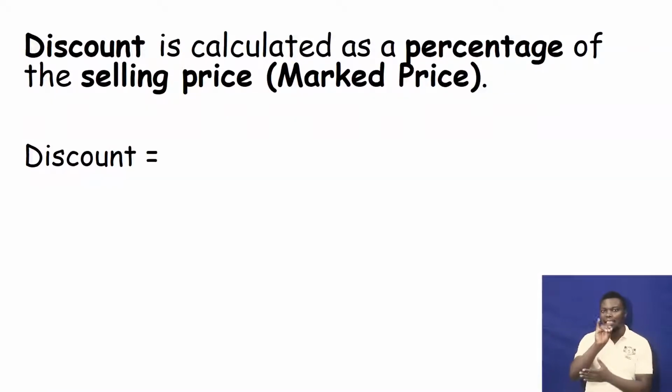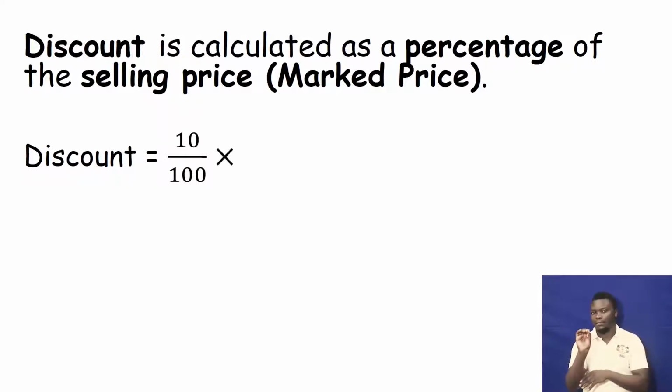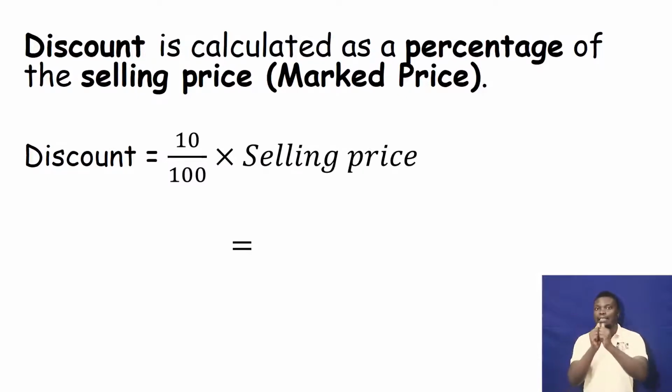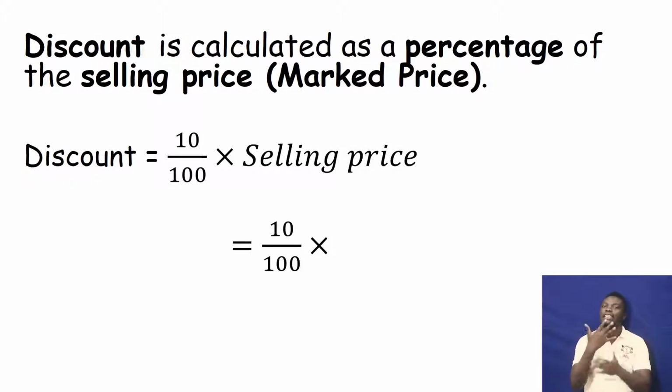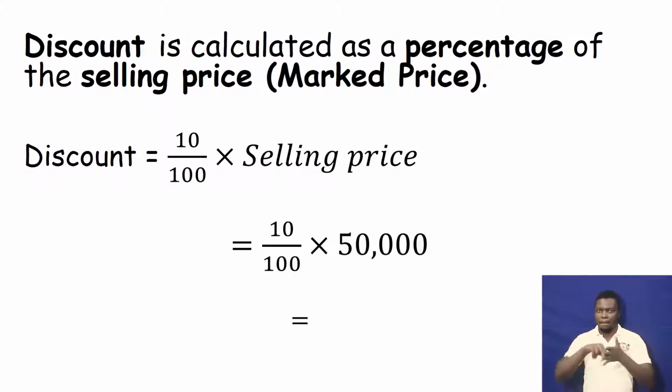Discount is equal to 10, which is the percentage that we are given, over 100, that is 10%, multiplied by selling price. So you're going to get 10 over 100 multiplied by 50,000, and that will give us 5,000. Therefore, the discount is 5,000 Uganda shillings.